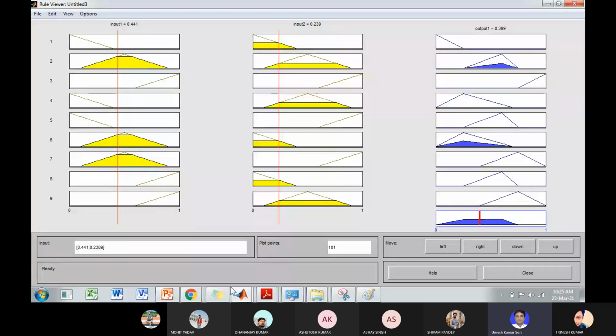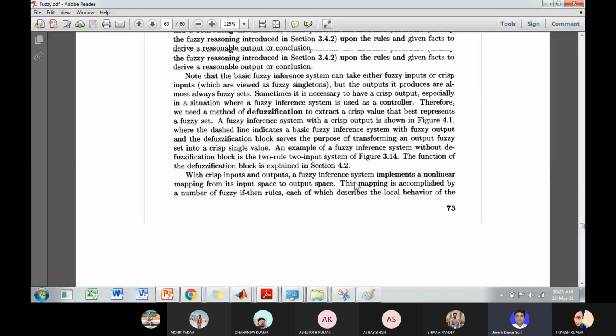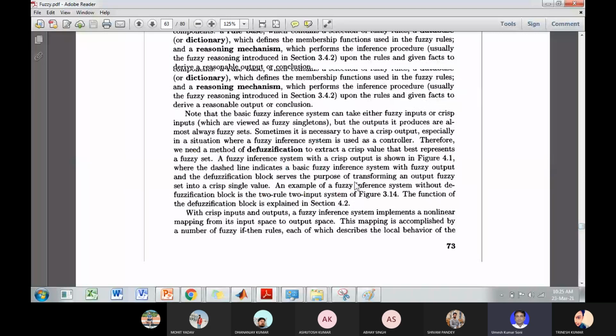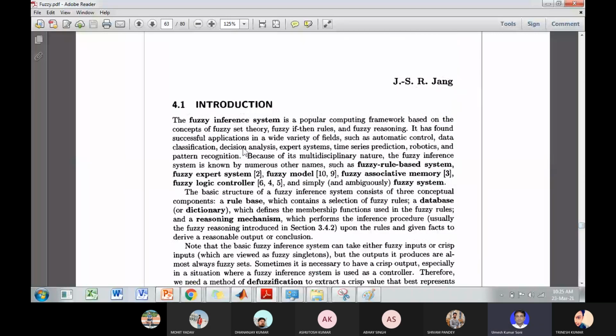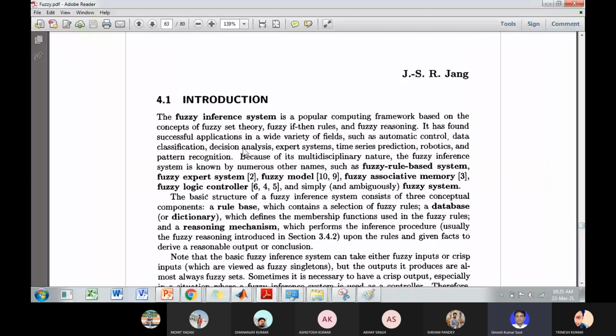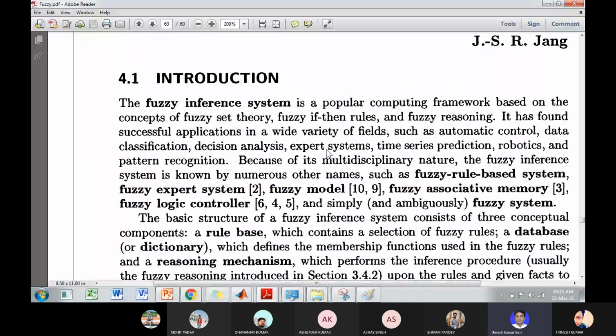Now I come to the fuzzy inference system. The fuzzy inference system is a concept based on fuzzy set theory, fuzzy if-then rules, and fuzzy reasoning, and it can be used in automatic control, data classification, decision analysis, expert systems, time series prediction, robotics and pattern recognition.